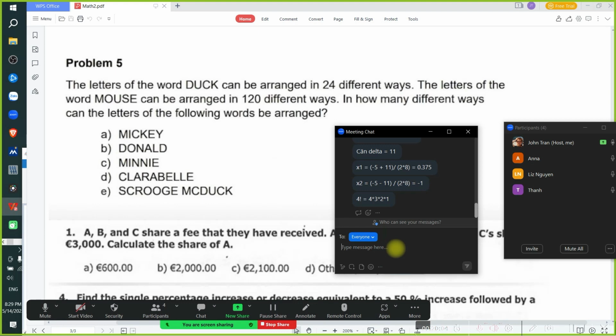However, if you have repeating letters, there will be much less. If some characters repeat, the factorial number gets reduced.